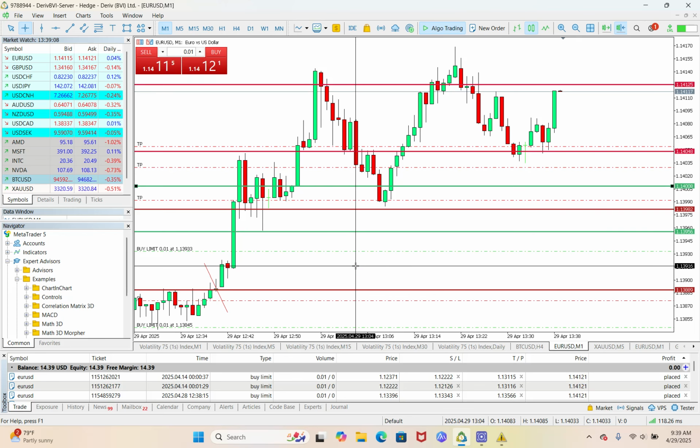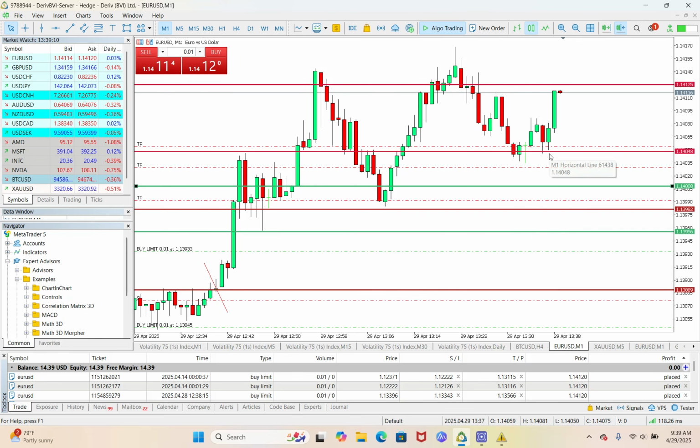But in trading, you have to be patient, right? Don't rush the market. Be patient and wait for your trade to come, right? The fact that the market wasn't able to break above this area, right?